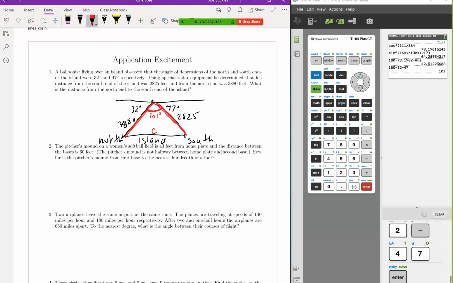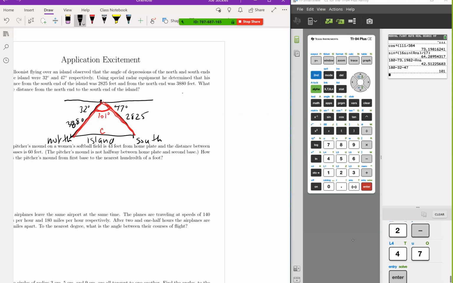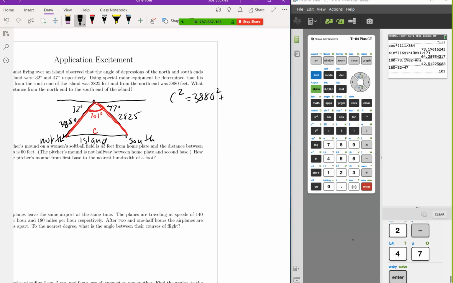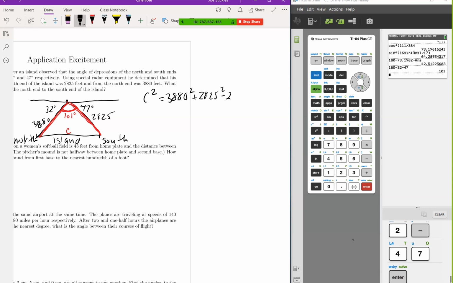So using our law of cosines formula now, we would have C squared. It's the other two sides, so it would be 3880 squared plus 2825 squared minus 2 times 3880 times 2825 times the cosine of 101 degrees.